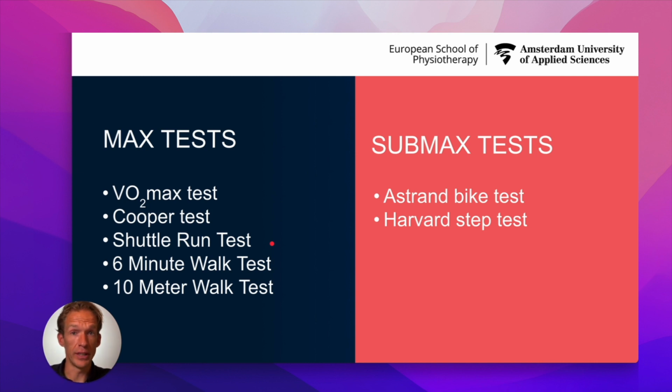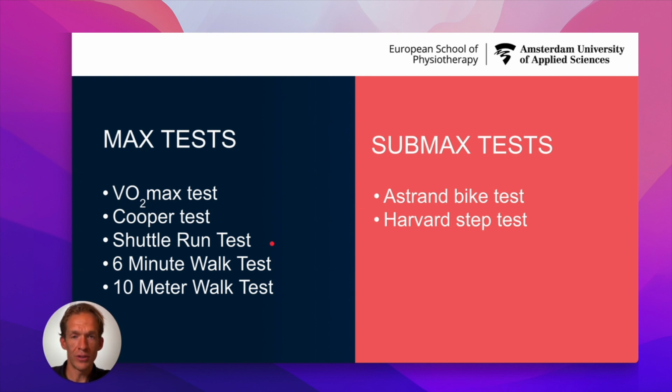What you see often in literature and in practice is that the maximum score of the test is used to make a prediction towards the VO2 max. And whenever a prediction is concerned, you have to realize there's always a large margin of error in the prediction.